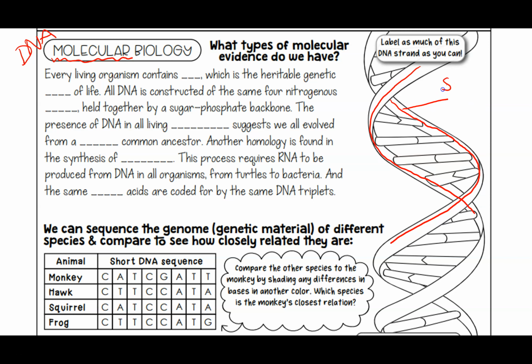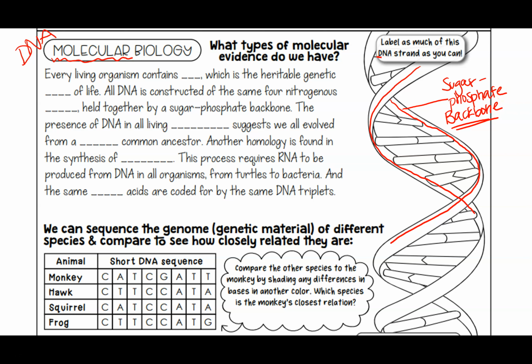This is our sugar, phosphate. What's the word I told you to remember? Backbone. Sugar, phosphate, backbone. So remember, DNA, deoxyribonucleic acid. That's your sugar phosphate backbone made of deoxyribose and phosphate.